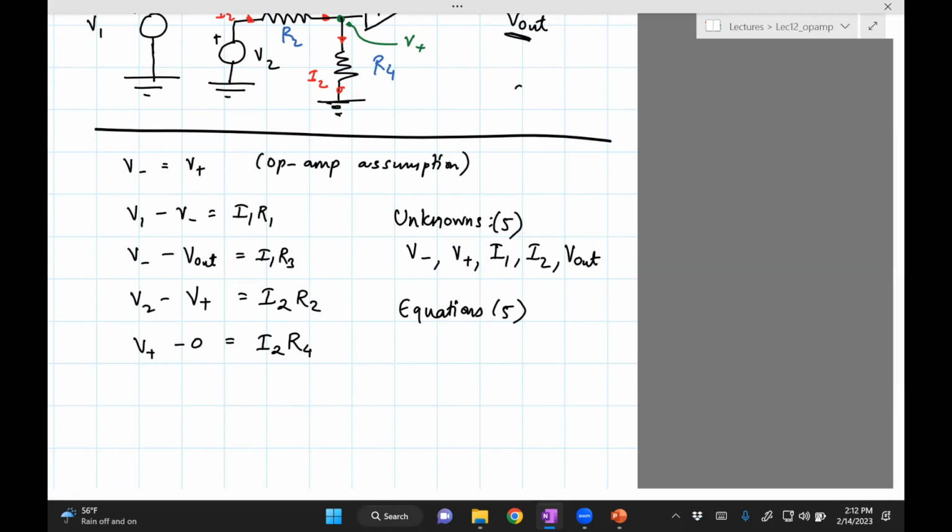How could you do this? You could eliminate V plus from this and that equation. You could eliminate I1 from these two. You could eliminate I2 from these two. And then the net equation will be only in terms of V plus or V minus, depending on what you eliminate. You can then eliminate the resulting equations from the top 2 and bottom 2. I believe you can figure that out.